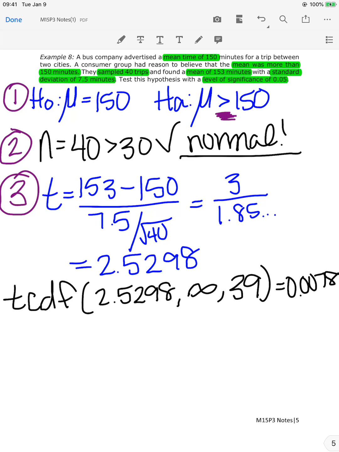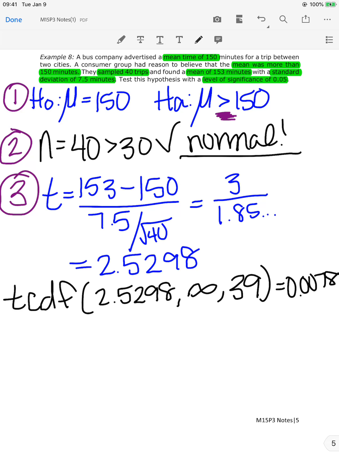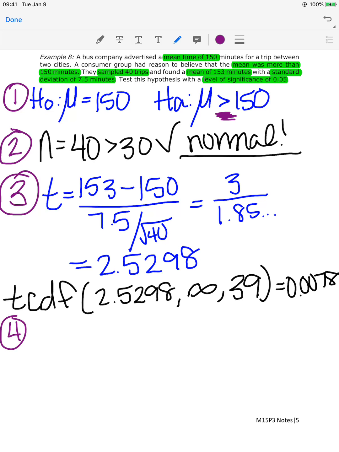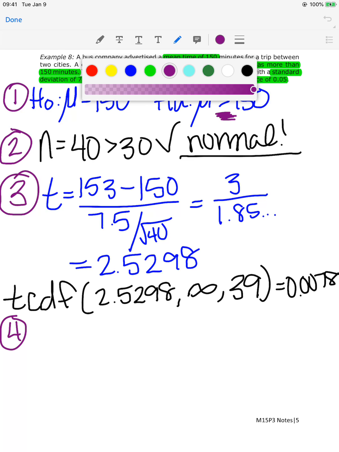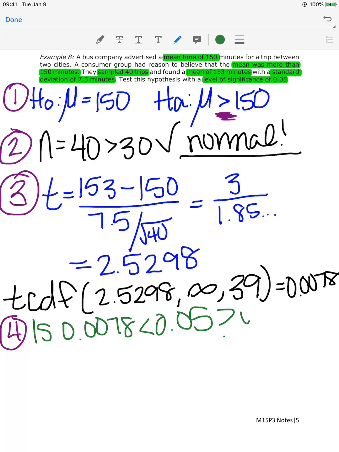So is the probability of a trip that is 153 minutes too small? So step 4. Is 0.0078 less than 0.05? Yes, it is.